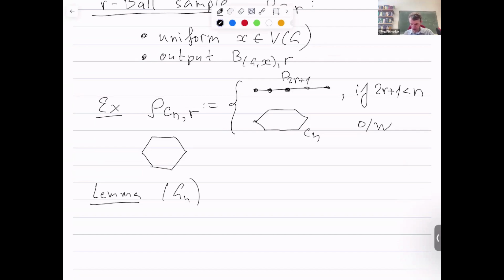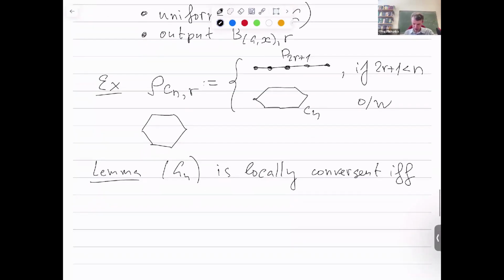A sequence Gn is locally convergent in the way I defined before if and only if for every radius r, if I look at the sequence of measures, then this converges. And in this case, I call the limit rho of r.